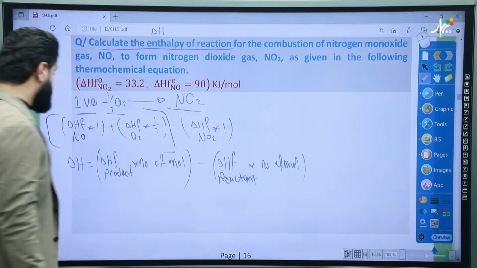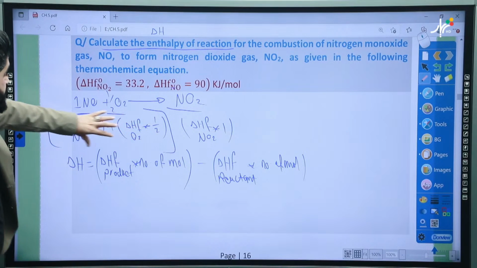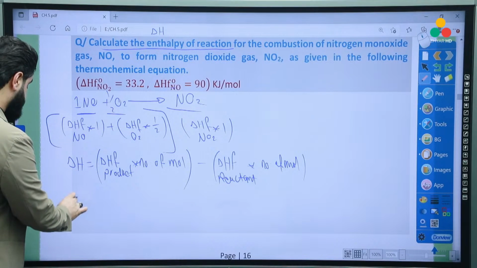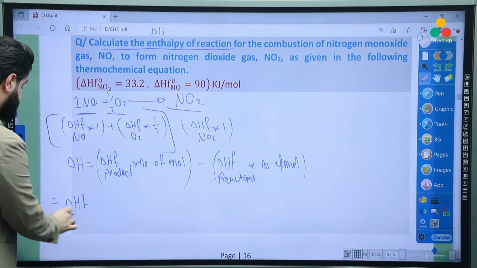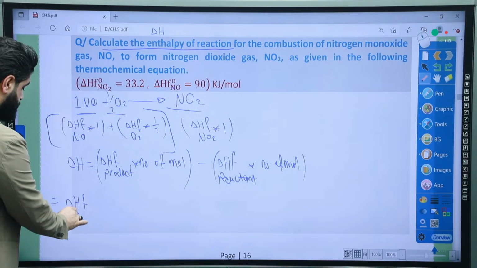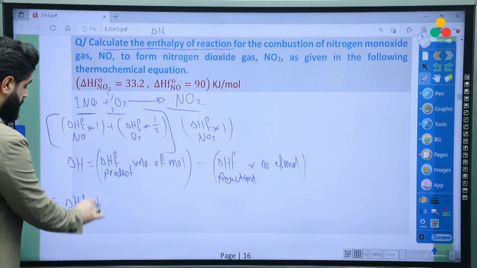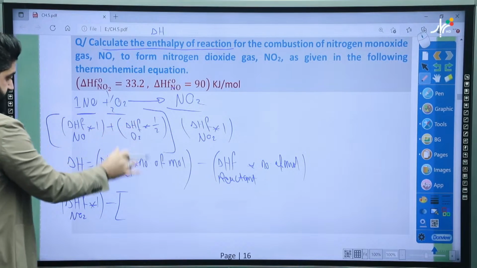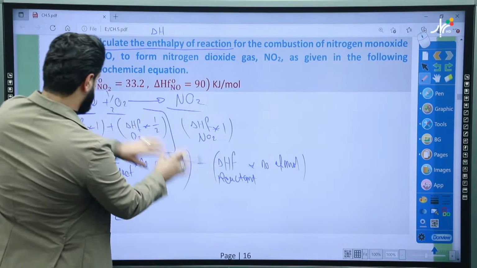Okay. Now, these are reactant, it's product. So, delta HF of NO2 times 1, minus product minus reactant, okay? Product minus reactant, just like this.